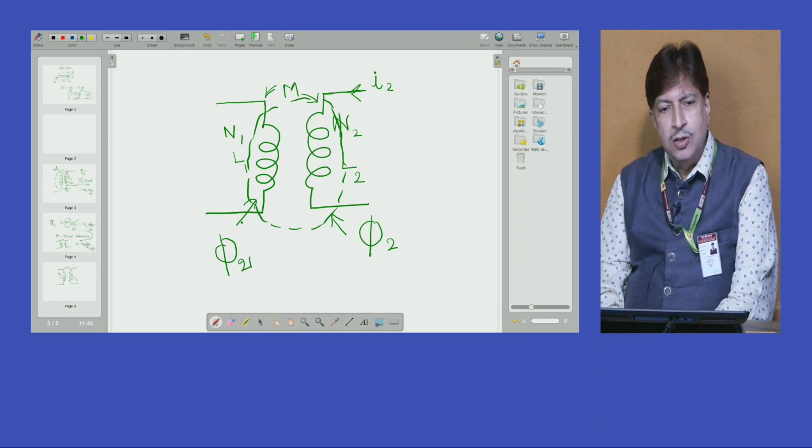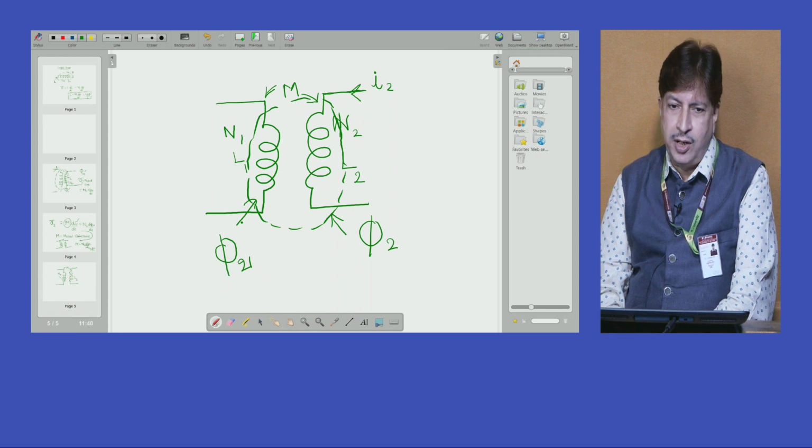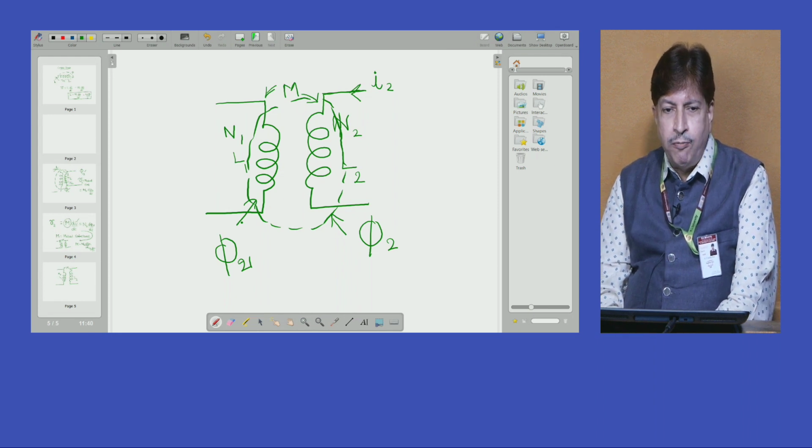At this stage, you need to understand the suffix notation I am using. In phi 2 1, 2 is the coil through which you are sending the current, and the main flux developed around coil number 2 is phi 2, and a part of this phi 2 is linking coil number 1.